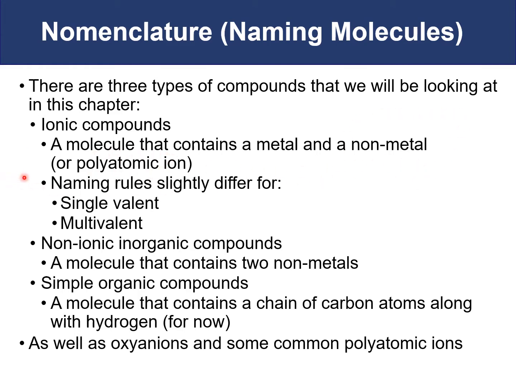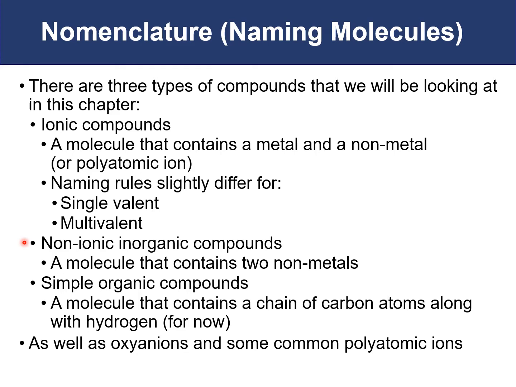There are two different naming systems for ionic compounds, and these rules are based on the metal, whether there is a single charge that the metal can have, as is commonly the case for our column 1 and column 2, our alkali and alkali earth metals, and for multivalent. Those are ones that can have multiple different types of charges, as is the case with most of the transition metals.